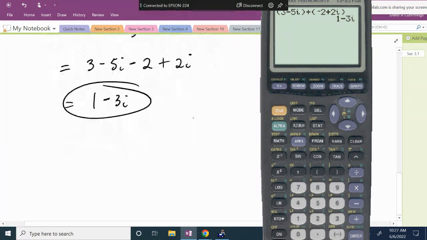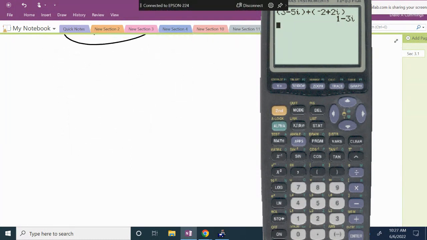Next, we will multiply. And this is 5 plus 4i times 4i. Right, so we're actually multiplying a binomial times a monomial.